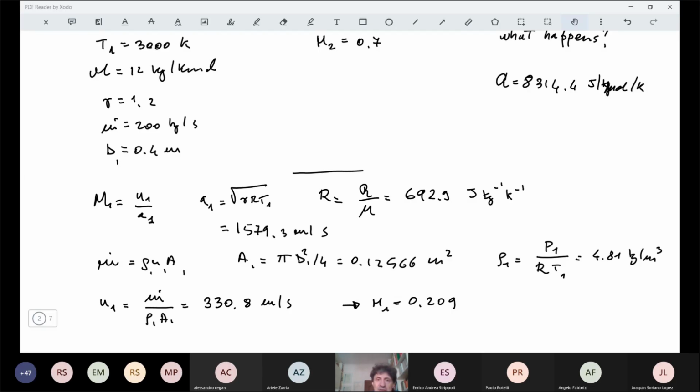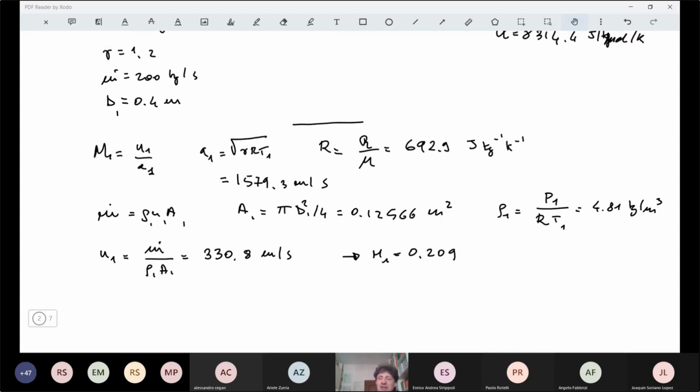Actually, we have an increase of Mach number, so it means that we have a converging channel, and we can evaluate this ratio A2 over A1 through the area law.